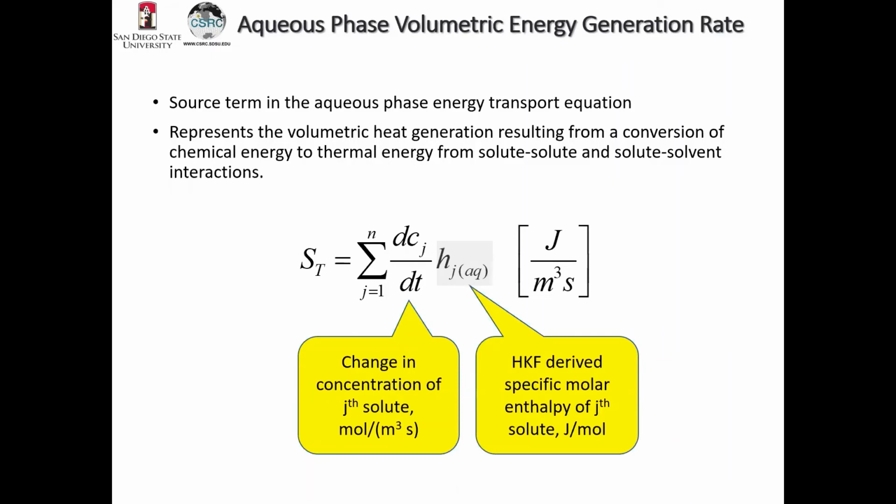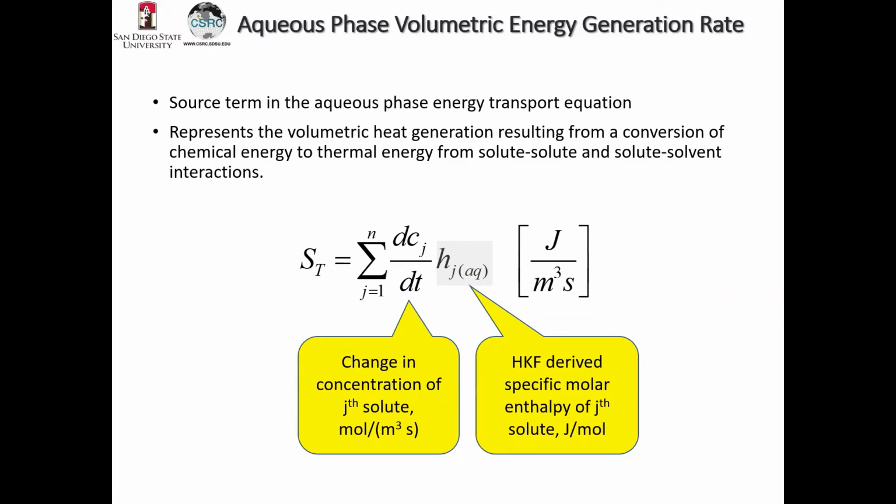Here's the volumetric source term that I use. So this term is the change in concentration of every solute. And I showed you a table at the beginning of all the solutes, like hydronium, bicarbonate, carbonate, sodium, chlorine, all those solutes.